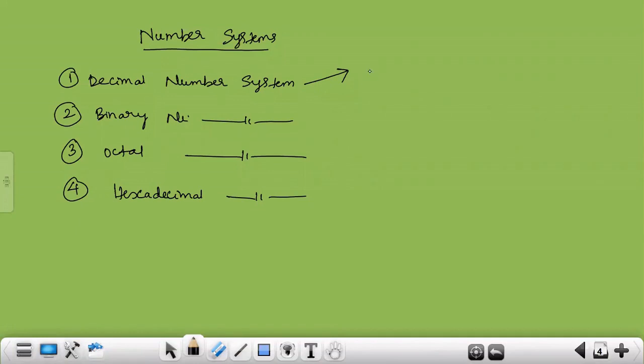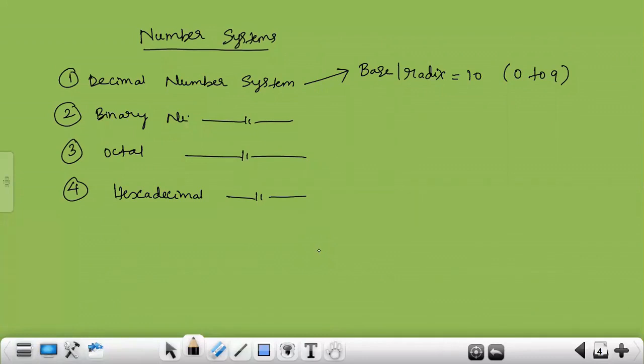The base or radix, we call it either base or radix, of the decimal number system is 10.